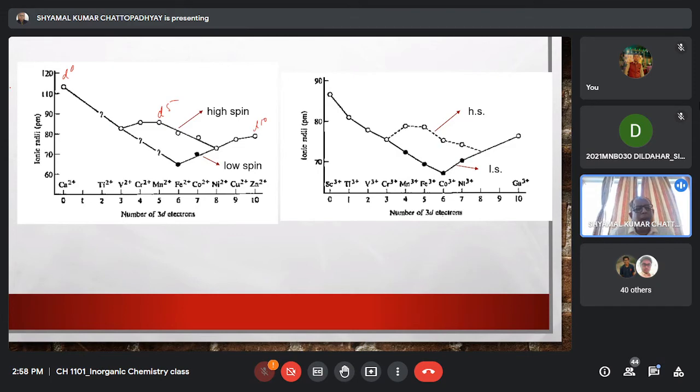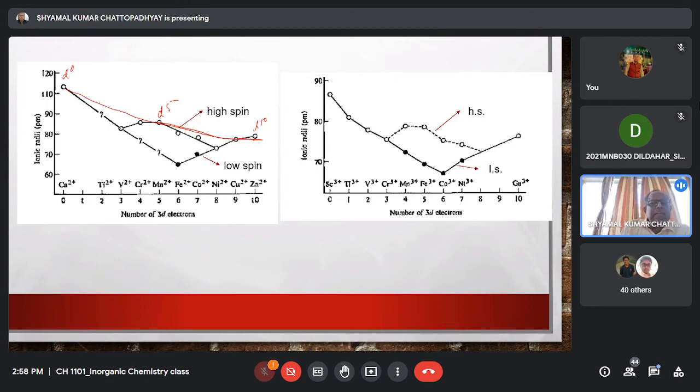So if there were no crystal field effect, there should be a smooth straight line between. So actually, this should be d5, d10, right? But what do you find? This plot is for the high spin, this plot is for the low spin.